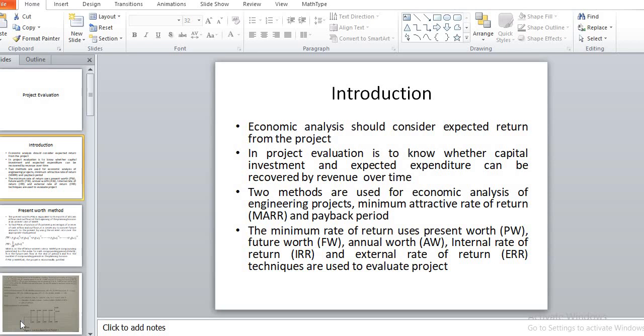By using this unit we evaluate the project. This is also called the economic analysis of that particular project.